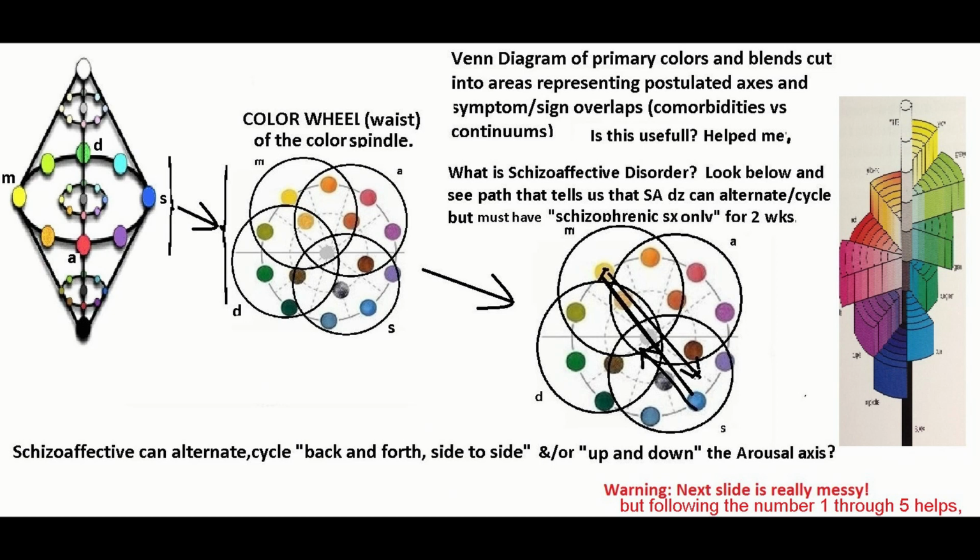And so it seems like it can cycle and alternate back and forth between schizophrenic-like disorder and mood-like disorder, or it could seem like it could go up and down the arousal axis because you have schizomania and schizodepressive disorder. So to that extent, maybe this model helps a person understand the concept.